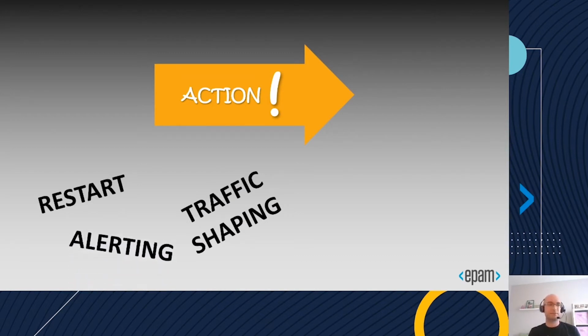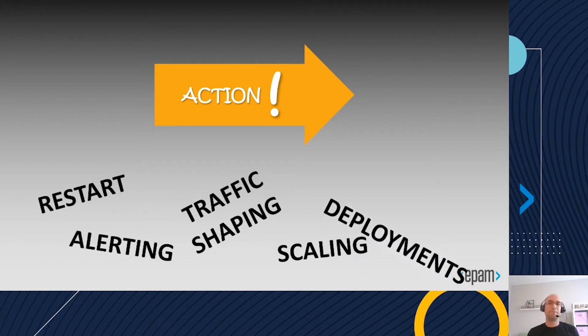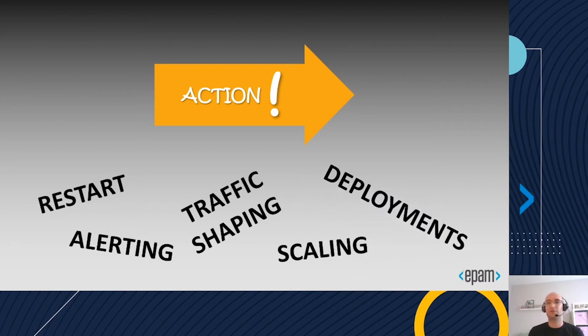You can configure some kind of alerting, for when you think that you cannot recover from the problem by the controller itself and some human needs to be involved. You can do some scaling also, and you can control the deployments. So those are the various aspects that we need to consider when we talk about the implementations themselves.